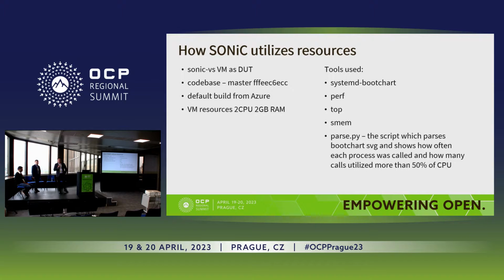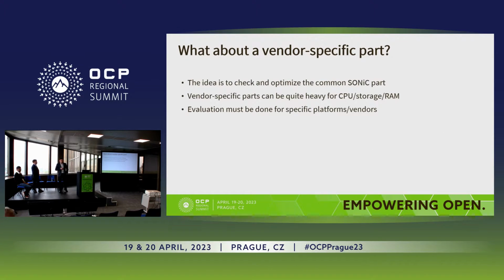For our measurements and experiments, we used mostly standard open source utilities, like systemd-bootchart, perf, top, smem, and so on. Here you may ask, how about the vendor-specific part? As all of you know, the ASIC SDK can also be very resource hungry.